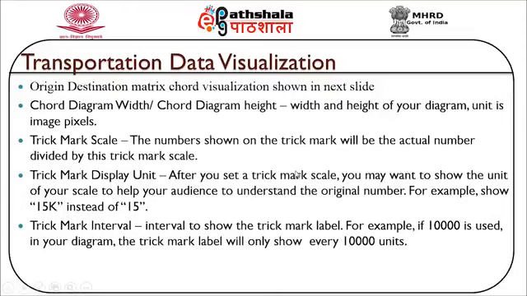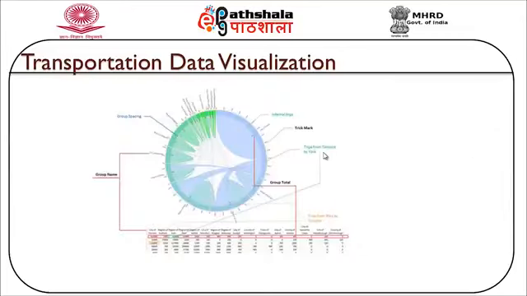There are tick mark display units, where after we set a tick mark scale, we may even want to show the unit of the scale to help the audience understand the original number. Tick mark interval is also present, where the intervals are represented to show the tick mark label. So this is one kind of transportation data visualization that is available.